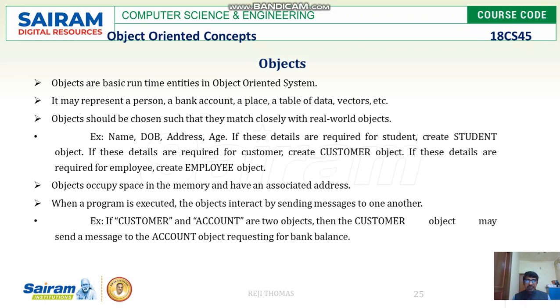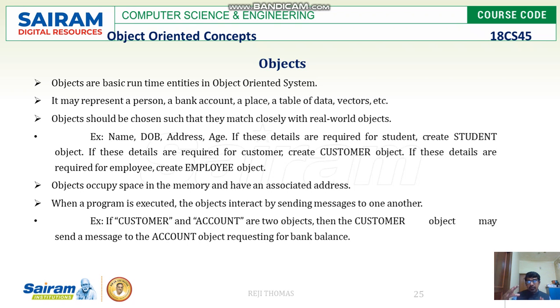For example, think that you have two objects. One is the customer, and the second one is the account. Obviously, the account needs to send a request to the customer to know the account balance, which is how they communicate. Let me brief.